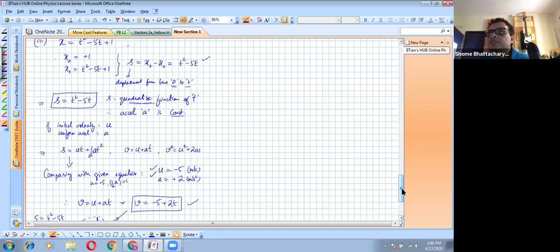So that's t square minus 5t. And from the displacement as a function of time, you can understand it being quadratic. It means that your acceleration is constant.